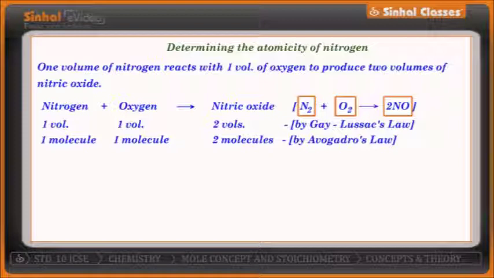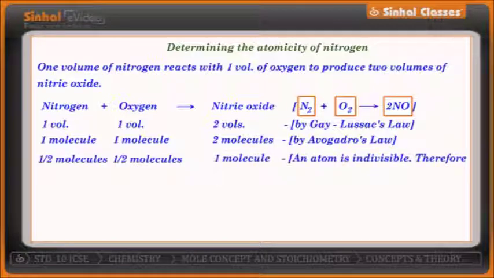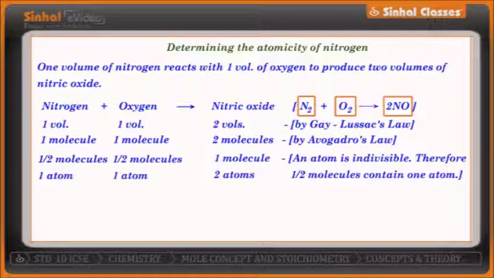So one molecule of nitrogen combining with one molecule of oxygen should give two molecules of nitric oxide. An atom is indivisible, therefore let's consider half a molecule of each. Half a molecule of nitrogen is one atom of nitrogen. In a similar manner, half a molecule of oxygen is one atom of oxygen.